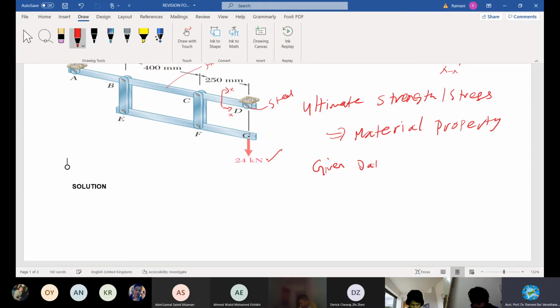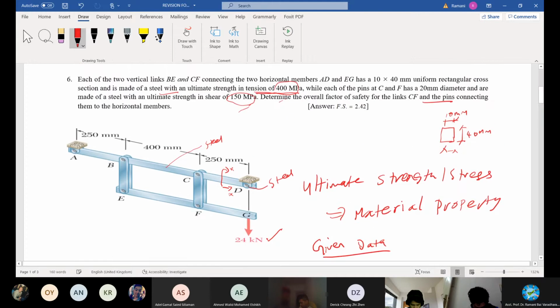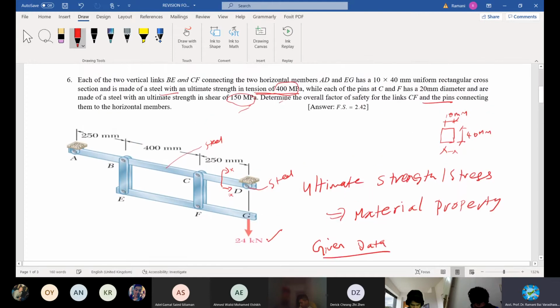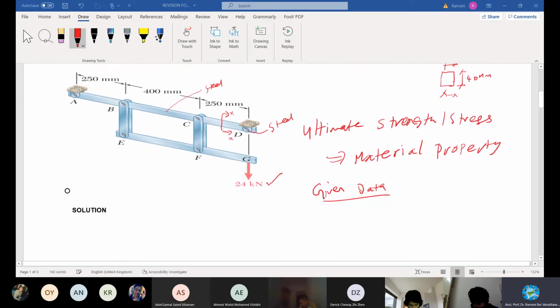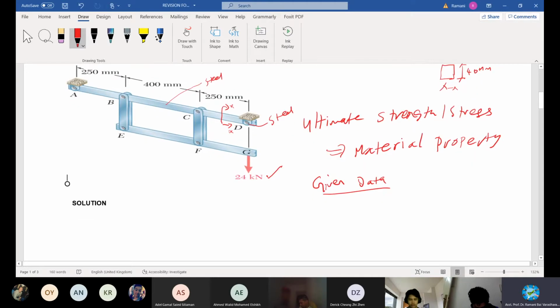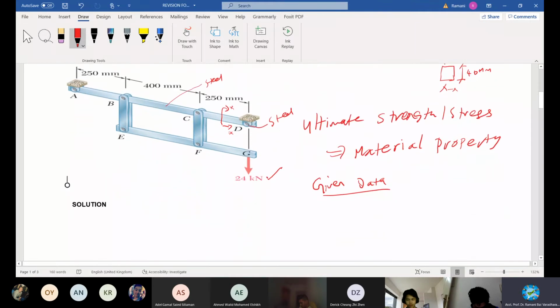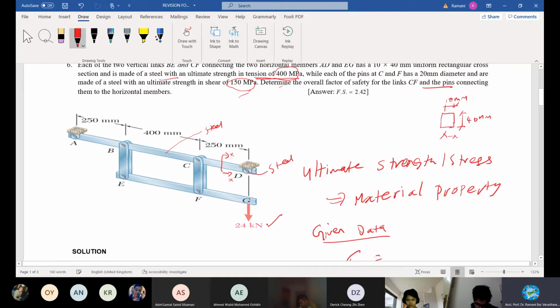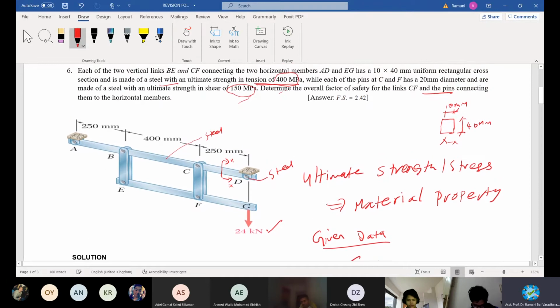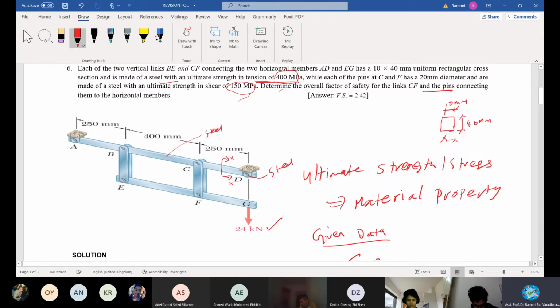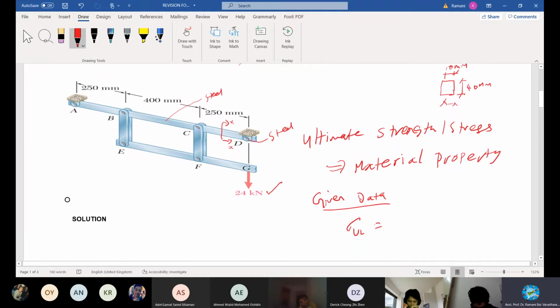Given data are, number one, the ultimate strength or stress. I keep it as stress, right? Ultimate for the pin and the link. Let it be L, link.